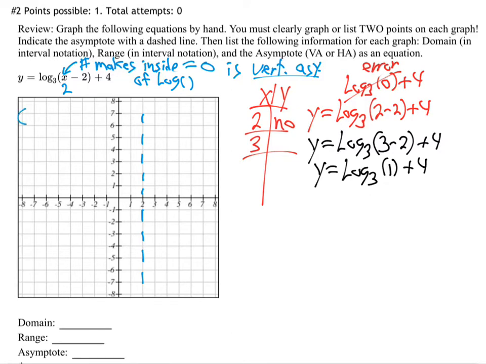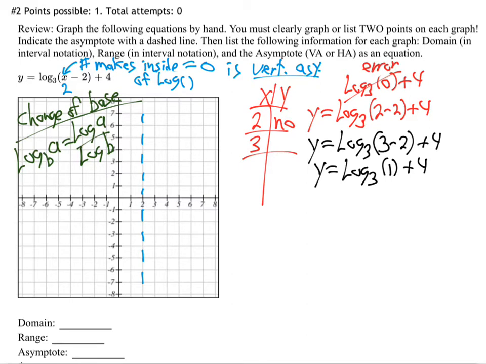It's called the change of base formula. And it says that anytime you have the log base b of a, you can write that as log of a over log of b. You can make it into 2 logs.